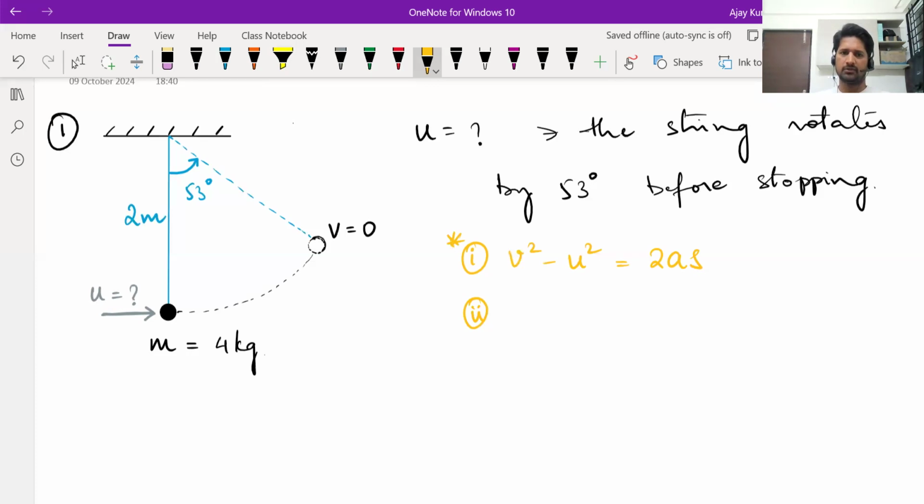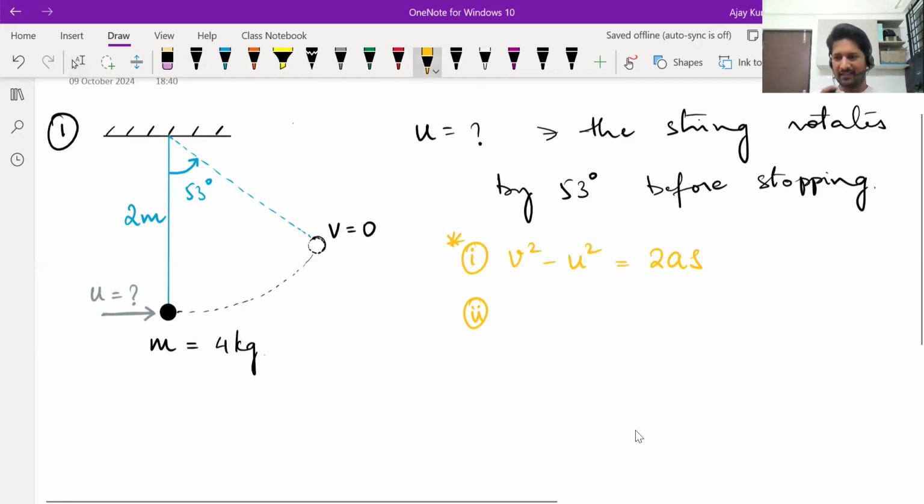What other ideas can we use? At least think of the name of the chapter. Think of the name of the chapter. Based on that, you'll get some ideas. Sir, the work energy theorem. Work kinetic energy theorem.